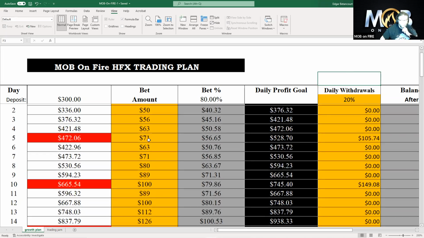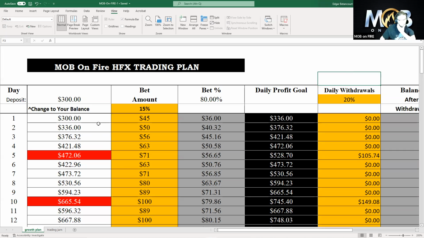So on my plan right here, I start with $300. I'm gonna do a $45 trade, make $36 in profit. That brings me to $336. My next trade is gonna be $50, giving me $40.32 in profit, which brings me to $376.32.